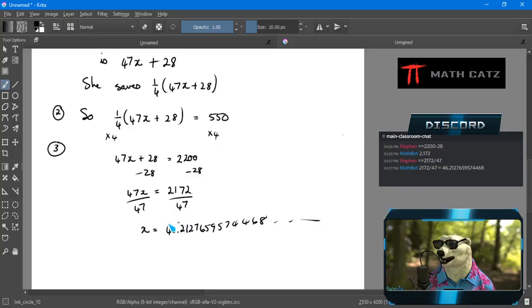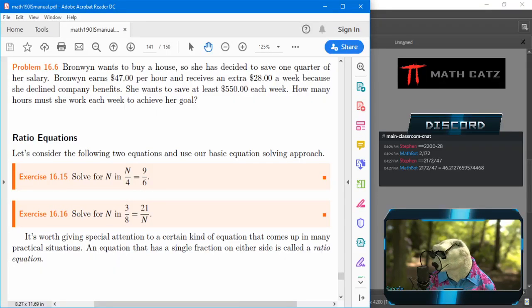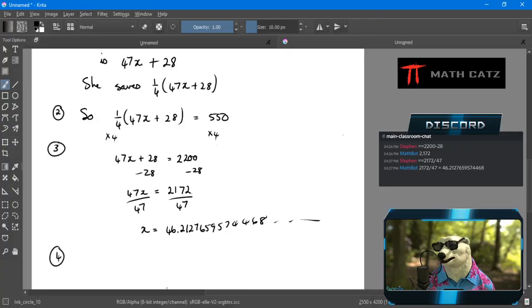I don't want to round it here. I will round it in my concluding sentence. What was the question again? How many hours must she work? So now you're translating it back to English, so you can be a little bit more liberal with your rounding.